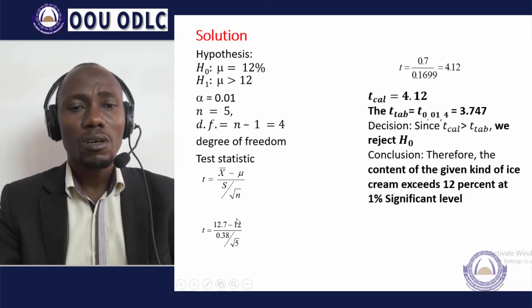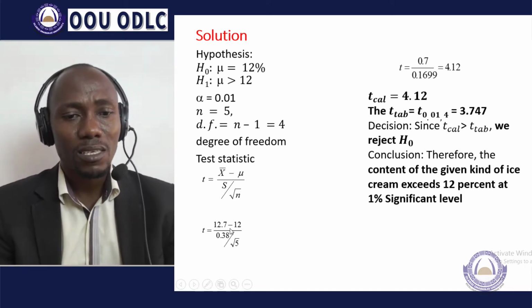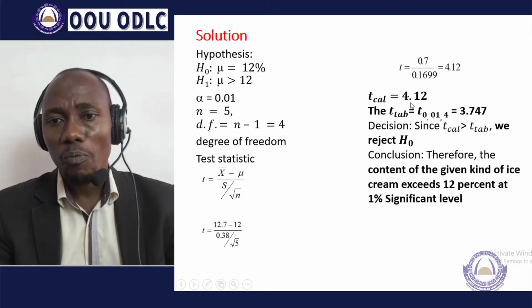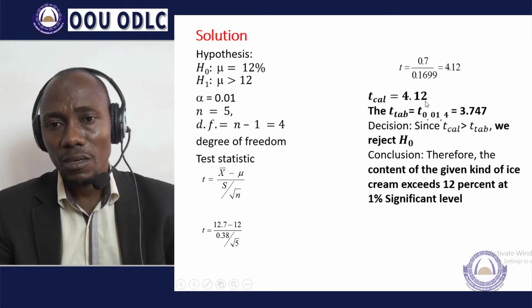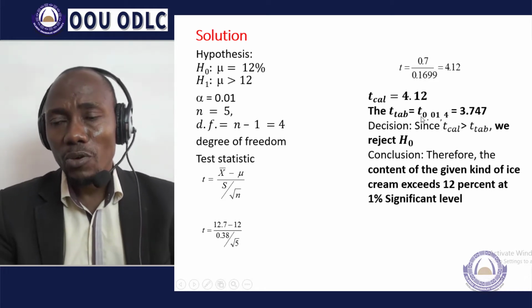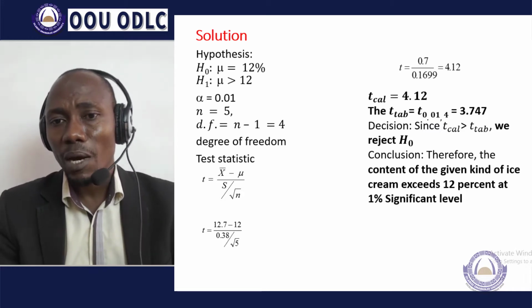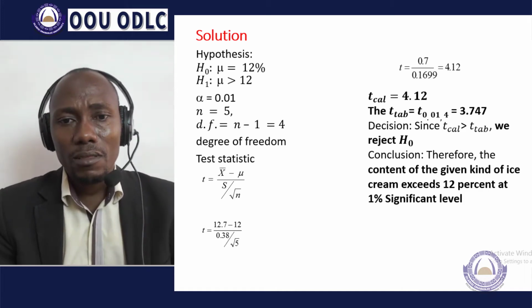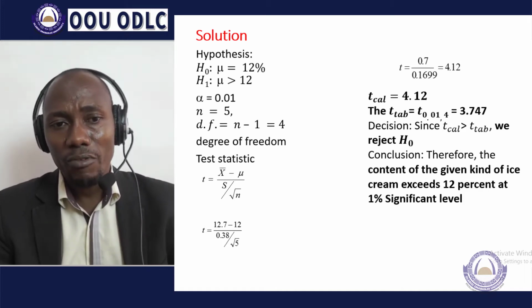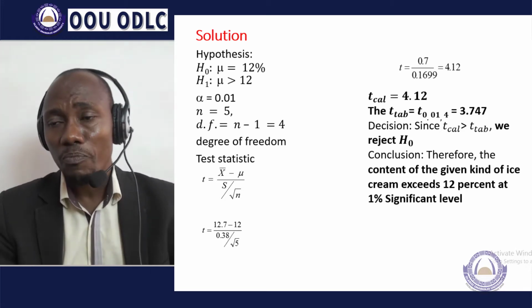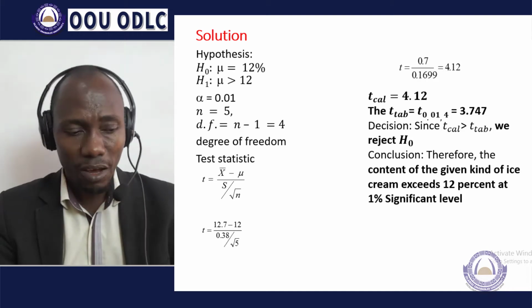Hence, substitute for those necessary parameters in the test statistic and you obtain the calculated value to be 4.12. From the statistical table, where you have the student T distribution, you obtain the tabulated value at 1% significant level with 4 as degree of freedom to be 3.747.